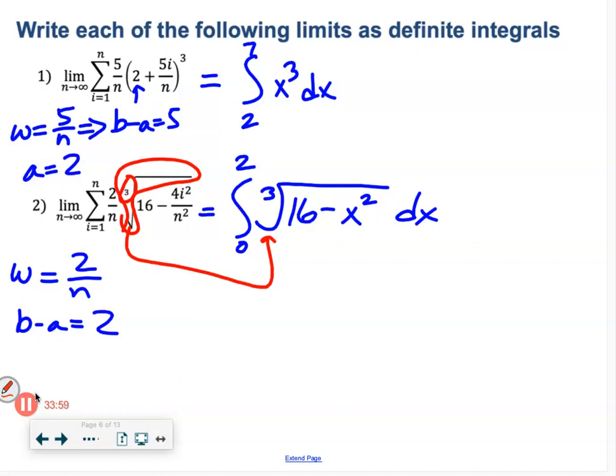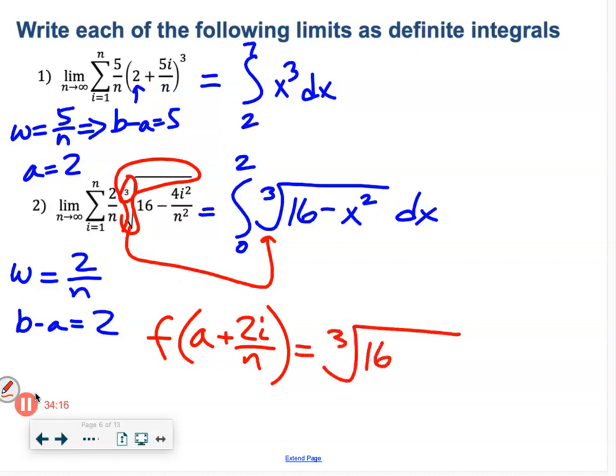What am I plugging into to generate this thing? My width has to be 2 over n, right? So I know that somehow my left endpoint plus 2i over n, that f of that has to equal the cube root of 16 minus 4i squared over n squared.